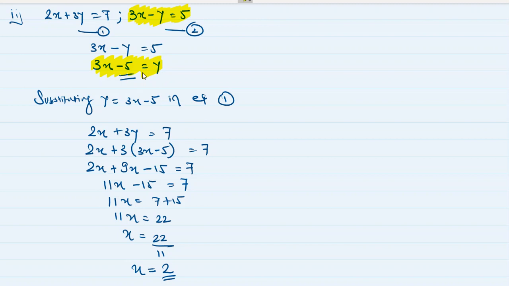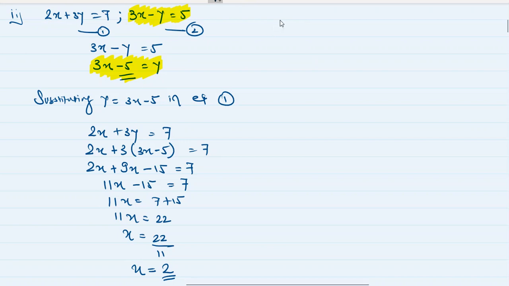When you find the value of y from the second equation, do not substitute back into the second equation. You will not get anything. Substitute the value of y which you got from the second equation into the first equation so that you get the value of x. Okay, now this value of x you substitute into the second equation, right?